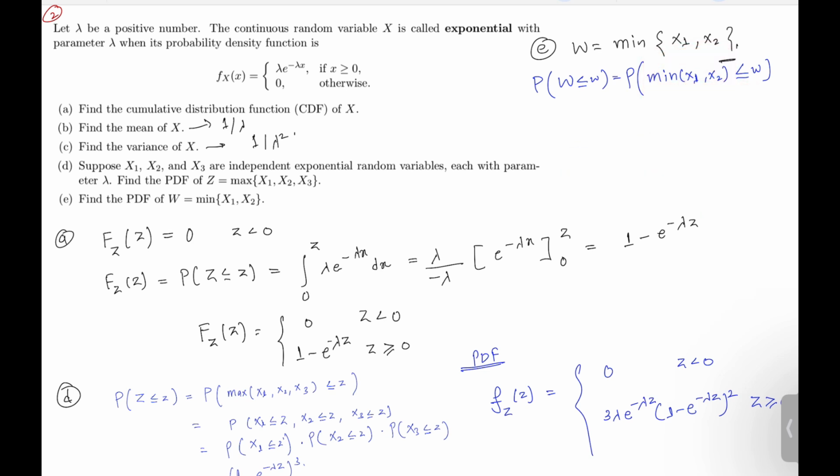So we cannot say that if min of X1, X2 is less than w, then each individual will be less than w. What we can do is write the probability that min of X1, X2 is less than w as 1 minus the probability that min of X1, X2 is greater than or equal to w.